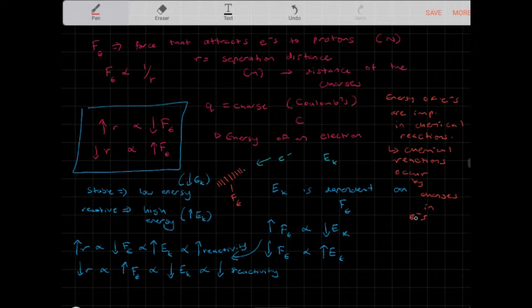Because there are changes in electrons, electron energy is very useful. This is really useful in helping us understand how elements will react to form compounds, which we'll discuss later. But specifically, it's why we focus on the valence shell, the outer shell of electrons, which contains the electrons that are the furthest away from the nucleus, because those are the highest energy electrons, right? We'll take a look at that when we draw this.